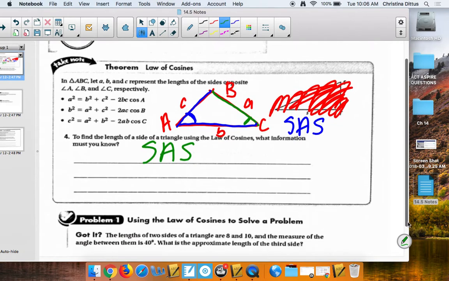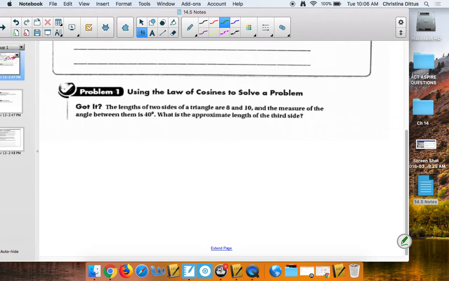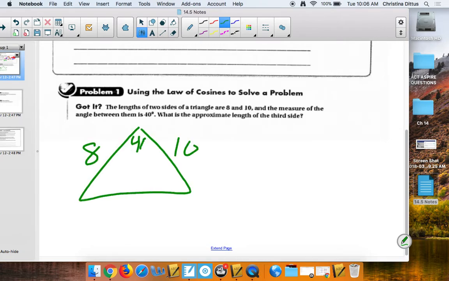Let's try out this formula. It says the lengths of 2 sides of a triangle are 8 and 10, and the measure of the angle between them, good, I have between them, is 40 degrees. So let's draw a triangle. Side lengths 8 and 10, angle in between 40 degrees. Doesn't matter where your sides are as long as your angle's in between them.